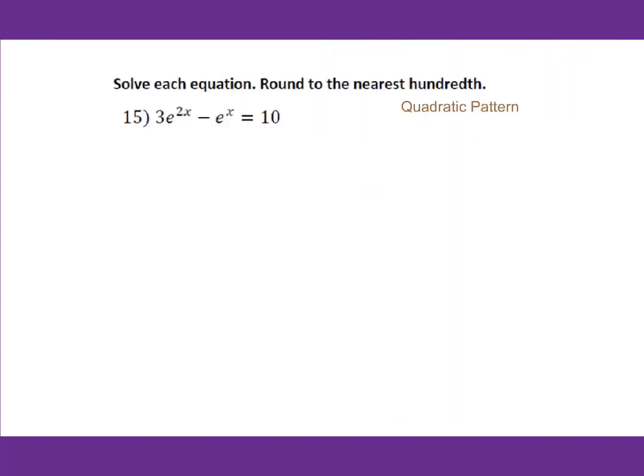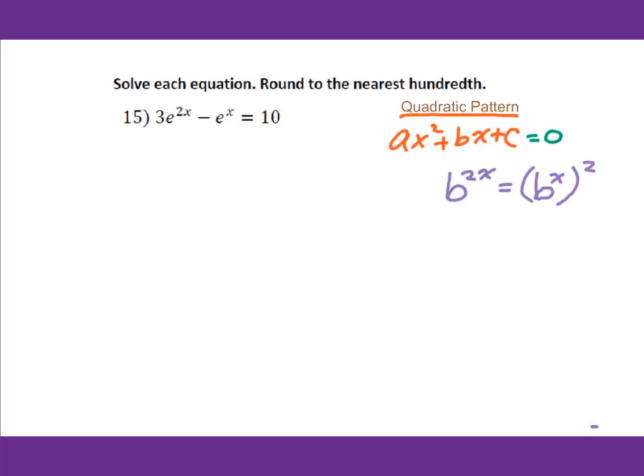For number 15, when you see this kind of question, always check for a quadratic pattern. So you need to change it into ax squared plus bx plus c format. Then always remember b to the 2x power equals b to the x, squared. Therefore, first of all, you have to make sure it equals 0.